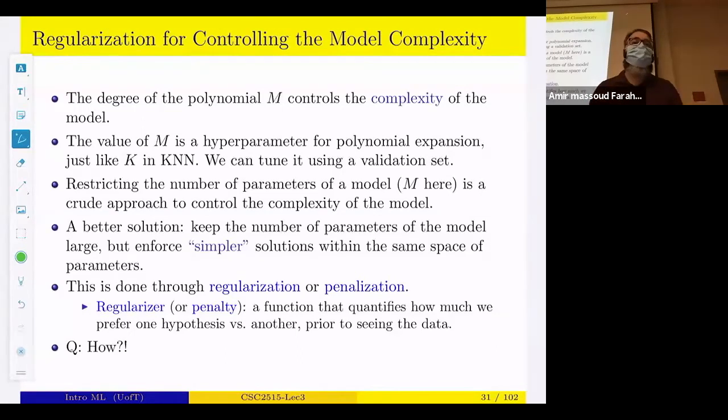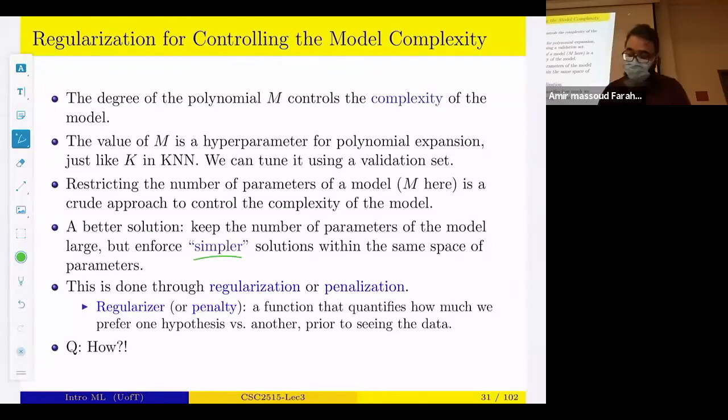But a question is that maybe we want to have a better approach to controlling the complexity, which is not just going through a set of integer numbers of m equal to 2, 3, 4, 5. So the idea here is that we actually choose a relatively large m, but somehow enforce simpler solutions.